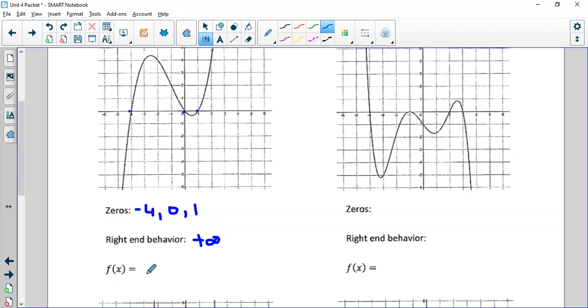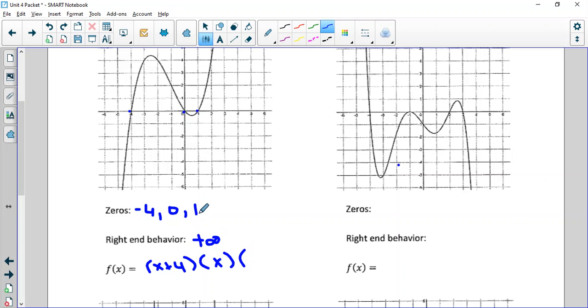And now we're going to have to write our function. Since it's a positive function, we're just going to leave it as positive. So you have here an x plus 4, and then you have x, well, there's no plus or minus 0, it's just 0, so I'm just going to put x.